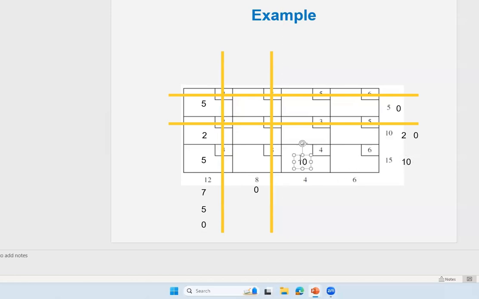So put 4 here. 4 minus 4 is 0. 10 minus 4 is 6. This is 0, I have to cross it. Now this last cell, minimum of 6 and 6, 6. So problem solved. All supply and demand are satisfied.